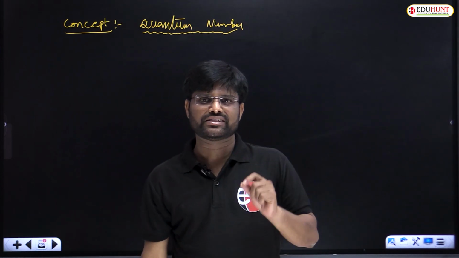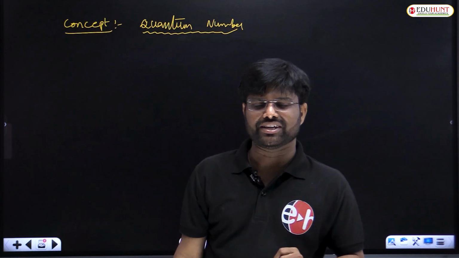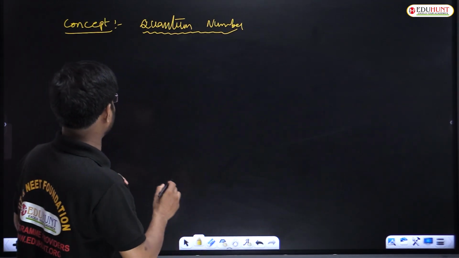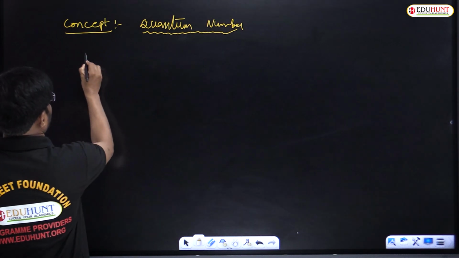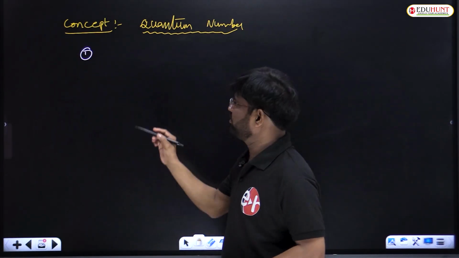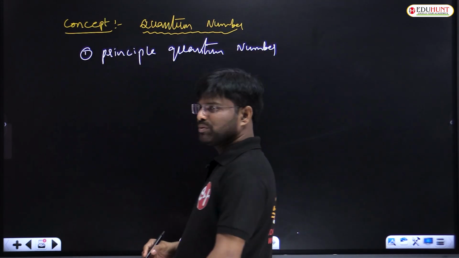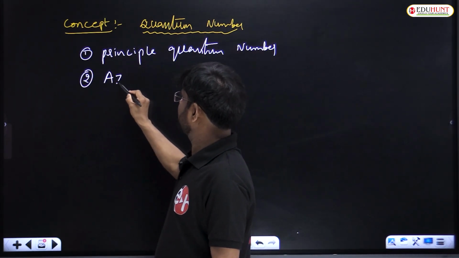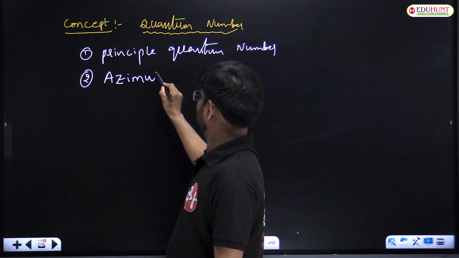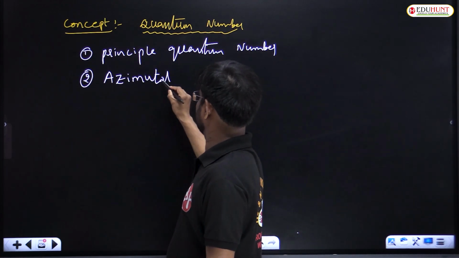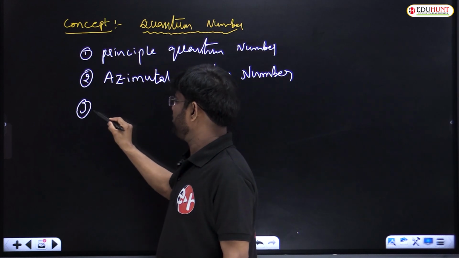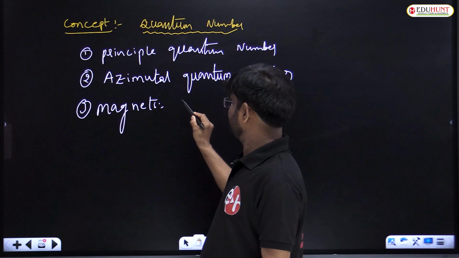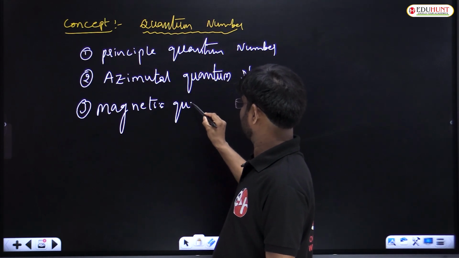In order to explain the structure of the atom, 4 quantum numbers are given. The first one is the principal quantum number. The second one is the azimuthal quantum number. The third one is the magnetic quantum number.